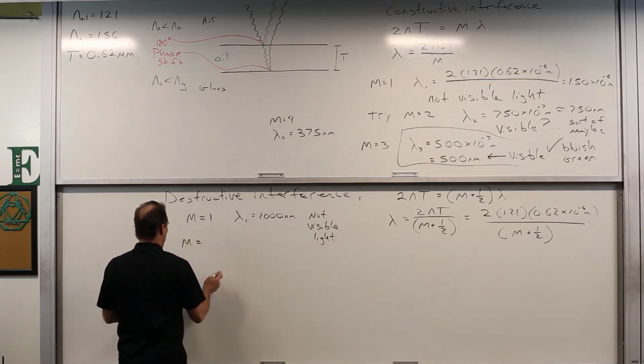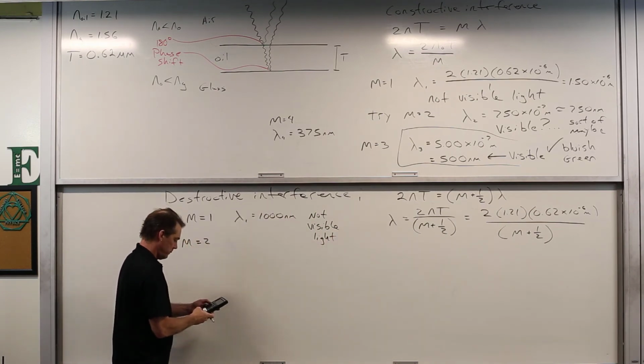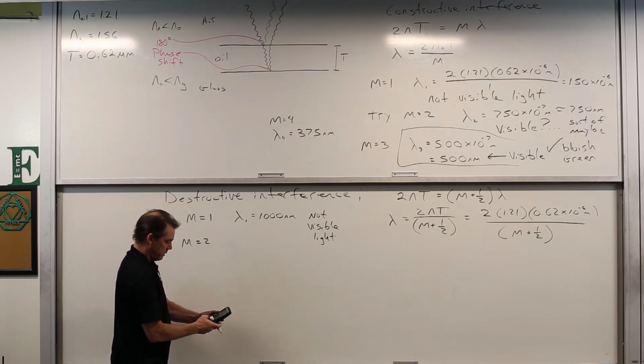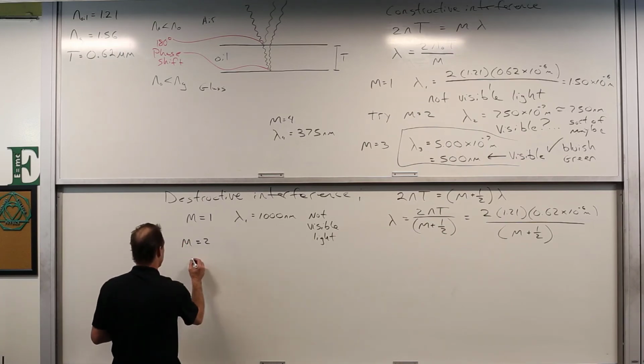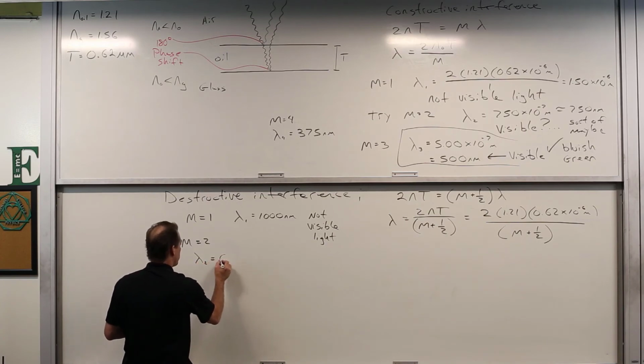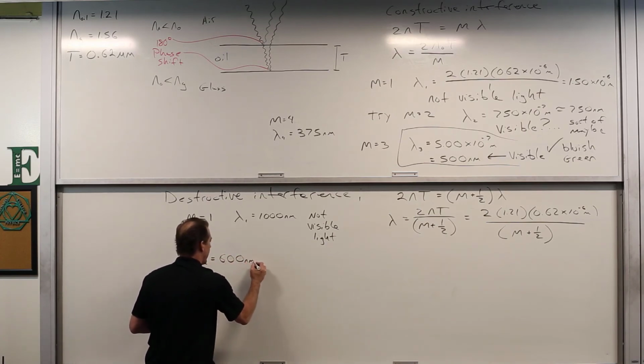Move on, try m equals 2. Now I get 600 nanometers. Lambda sub 2 is equal to 600 nanometers.